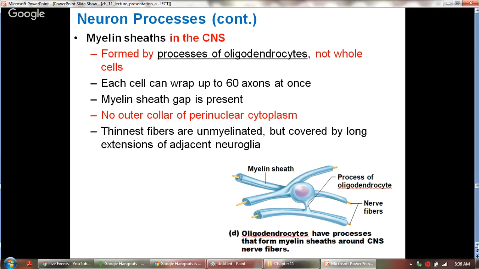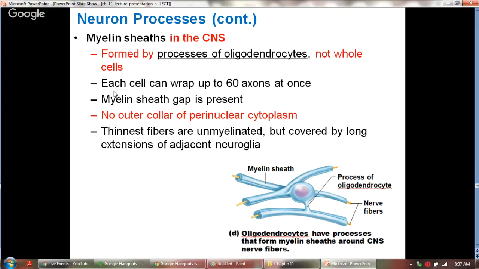The myelin sheaths in the central nervous system. Previously, we talked about the peripheral nervous system. So when you read or look at the slides, you have to check whether it's talking about the peripheral nervous system or the central nervous system. That's why I highlighted in red here, the myelin sheaths in the central nervous system. They are formed by the processes of the oligodendrocytes, not from the Schwann cells, not whole cells.